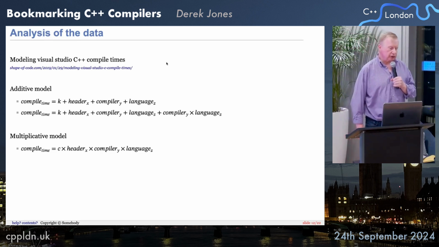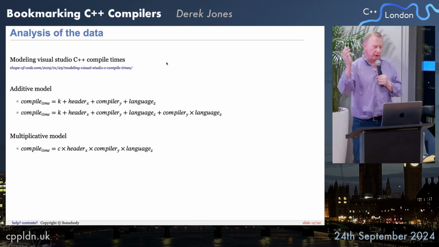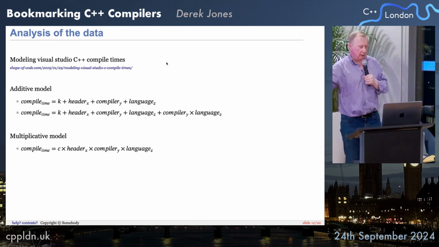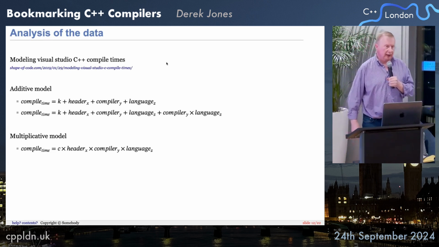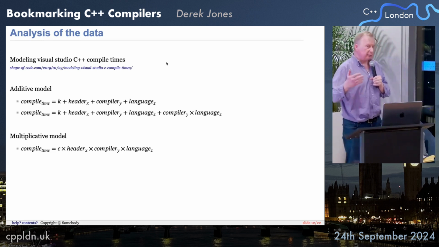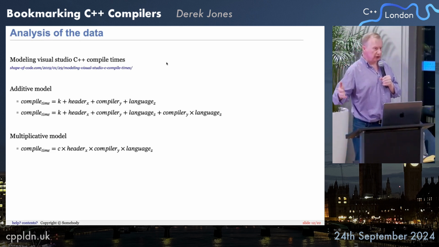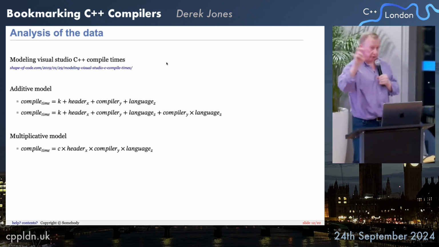There are statistical techniques that will tell you that this model is a better fit than that model. Yeah, you can abuse them. Really, it's your domain expertise. You've got to say, well, does it make sense to add contributions together, for instance, add the contribution of a compiler, or does it make more sense for the compiler to make a fractional contribution, to be a percentage difference?